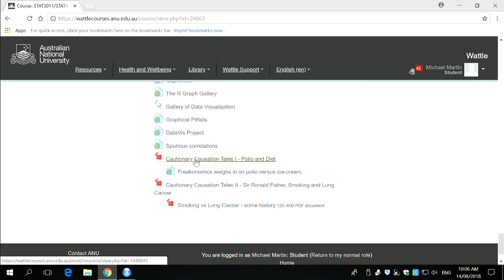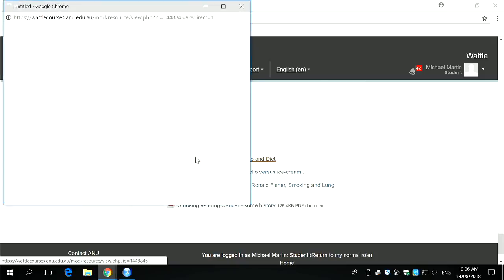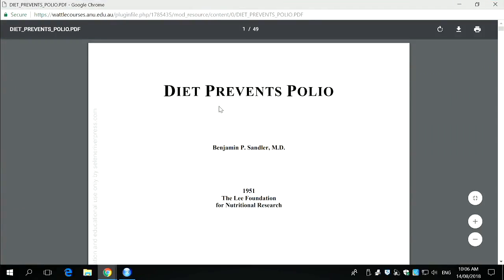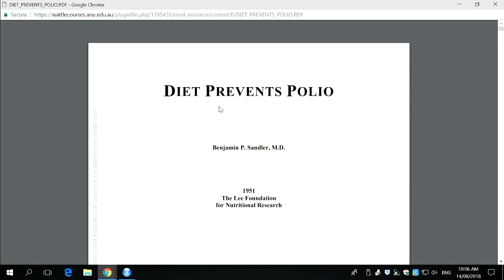So the first one was a tale of imputed causation where really none existed, which is polio and diet. The first link I've posted up here is an article by a doctor named Ben Sandler, written in 1951, where he makes the argument that diet prevents polio.